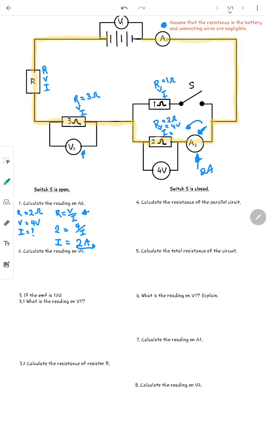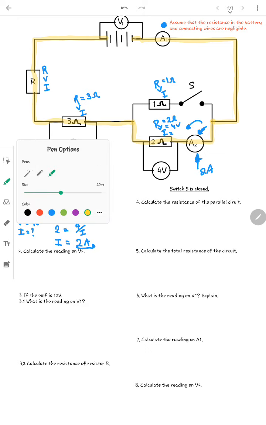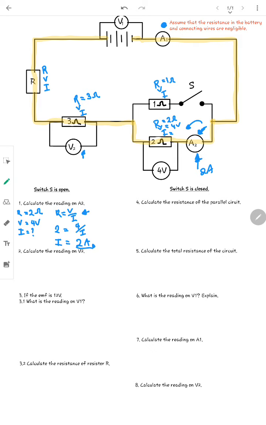I end up right at the beginning of my battery. So what you can see is now when switch S is open, this is actually a series circuit. When switch S is open, our circuit is in series.